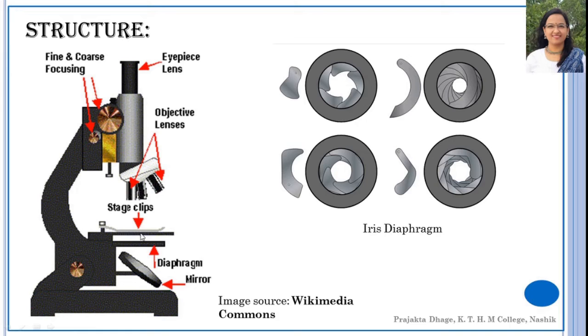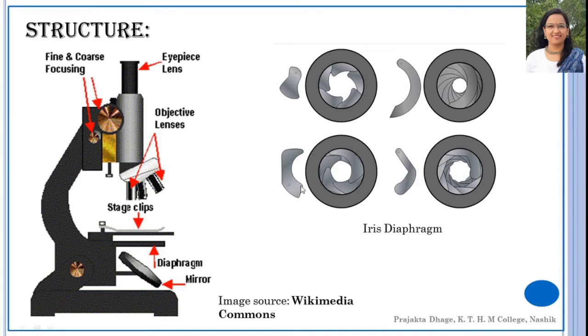Now the next one is the condenser and the substage. The substage is situated around the central hole of the stage and holds the condenser. The condenser is a conical metallic structure having a convex lens at the top and an adjustable iris diaphragm.